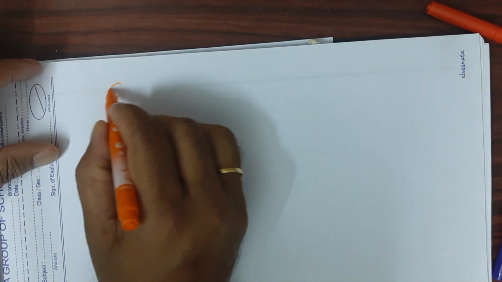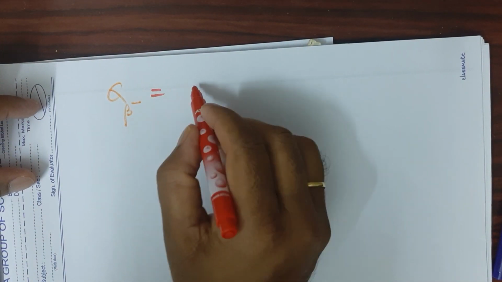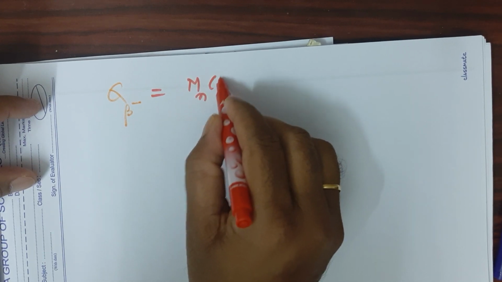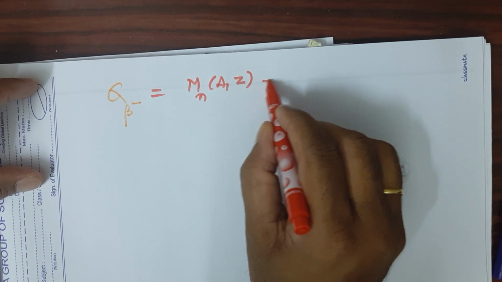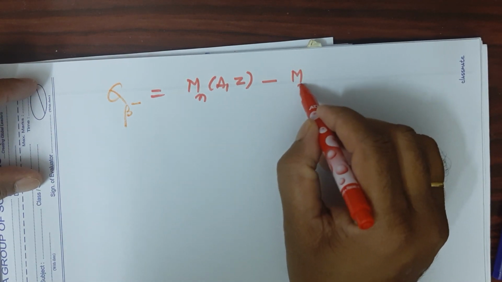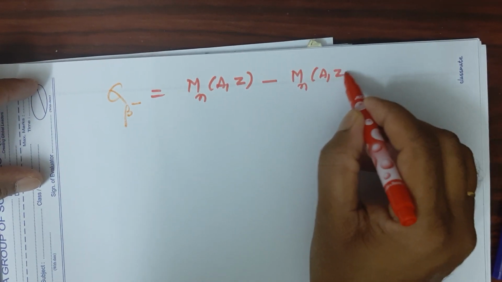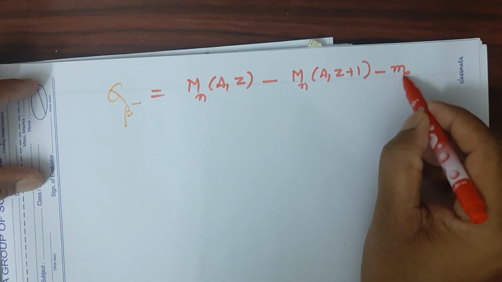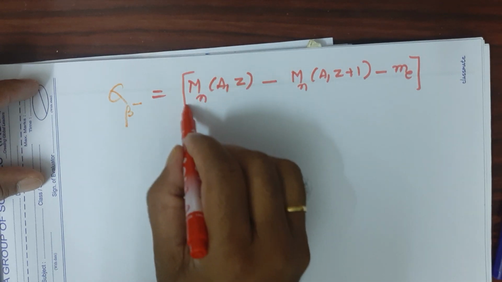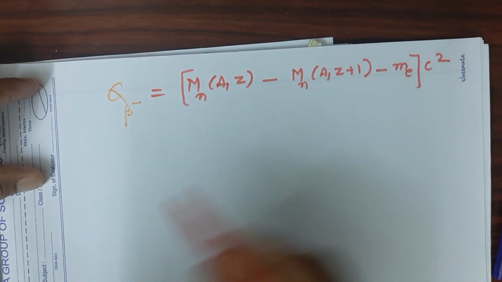Therefore, the disintegration energy in the beta decay process, Q beta minus, is equal to Mn of ZA, the parent nucleus or initial nucleus, minus Mn of A Z plus 1, the final nucleus or daughter nucleus, minus Me, this total delta M, into c square.